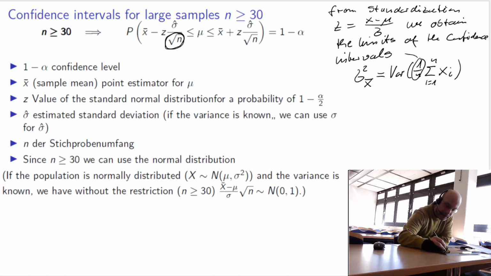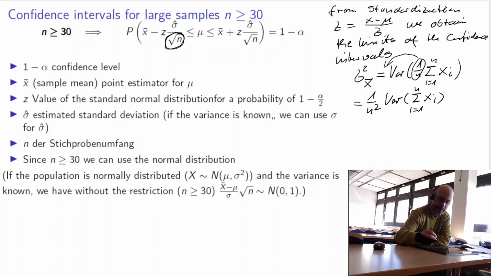Now we can take this out of the variance, but remember, this is not taken out linearly, we have to take it out with a square. So we obtain 1 over n squared variance of sum xi, i from 1 to n.